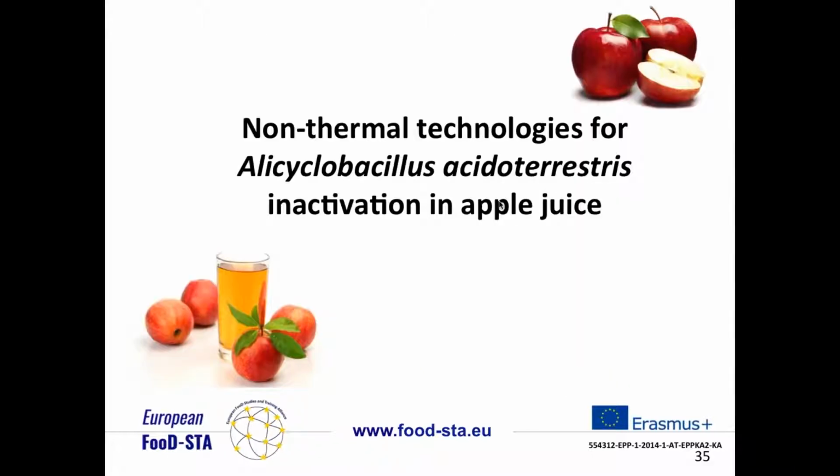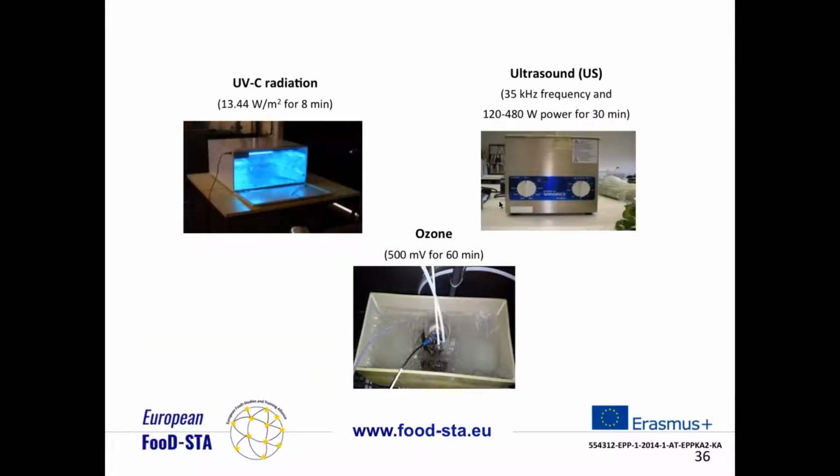Another example is on non-thermal technologies. So we studied the inactivation of a spore, Bacillus acidoterrestris, that is resistant and can grow under acid conditions, and we did the study in apple juice. We used three different techniques: UVC radiation, ultrasounds, and ozone.